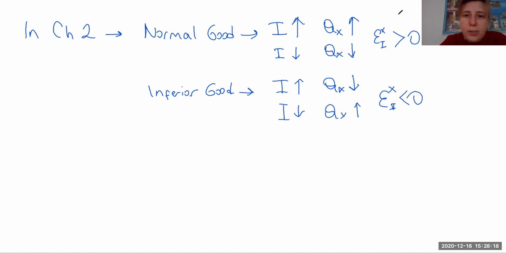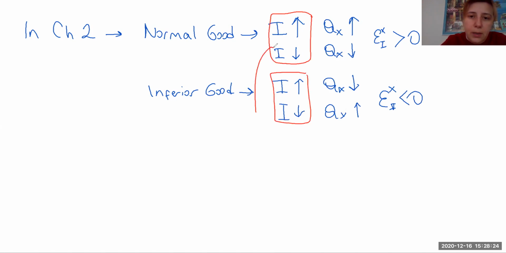Please try to see that here we are talking about the change in nominal income. So we defined normality or inferiority of this good according to the change in nominal income or money income of the consumer. Nominal income.